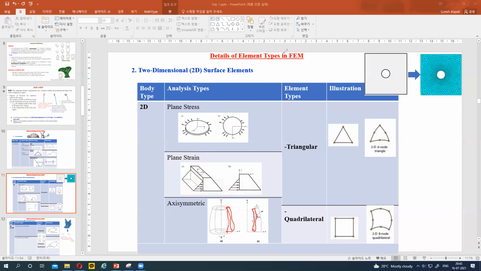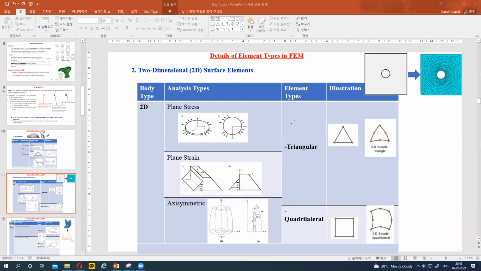Yes, this is the body. We just model this body, only a strip. So axisymmetric applies to cylindrical types of bodies and spherical, round types of bodies. So we just consider a strip. Okay, so that is axisymmetric.